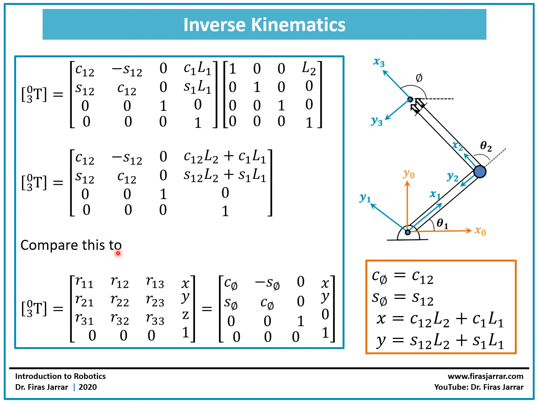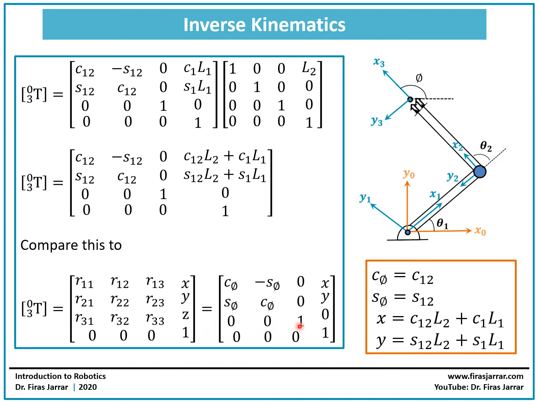To do this, we need to compare the result that we obtained here with the general transformation matrix for the end effector with respect to the base frame. This general transformation matrix will consist of the rotation matrix and a position for the end effector. Now we try to populate this matrix with known or desired values.